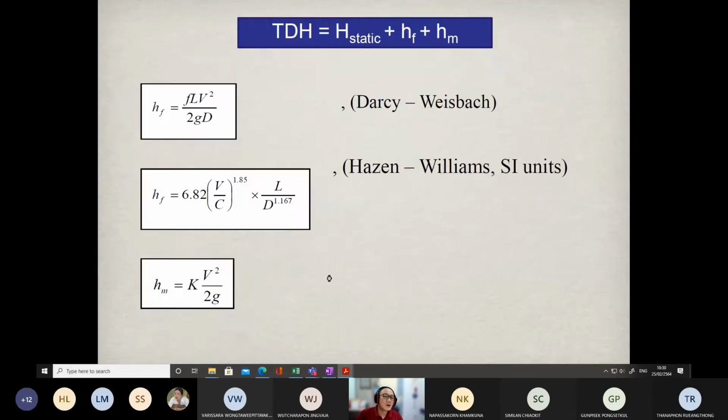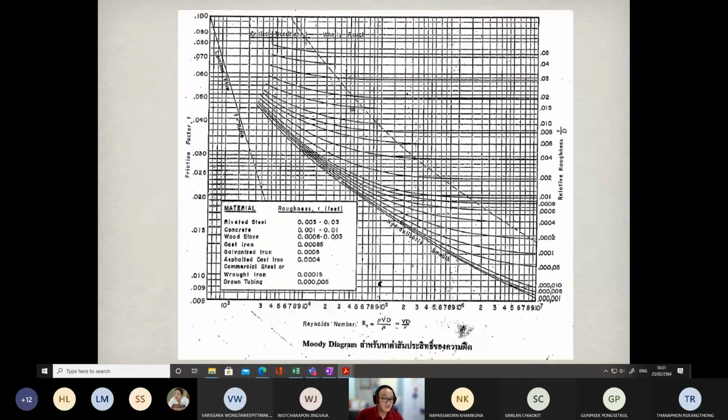So it's simple, but if you use the Darcy-Weisbach equation, you have to determine the friction factor F, which means you have to look into the Moody diagram, and the Moody diagram is also not very simple. First, you have to determine the Reynolds number, and once you know the Reynolds number, you have to check the epsilon divided by d.